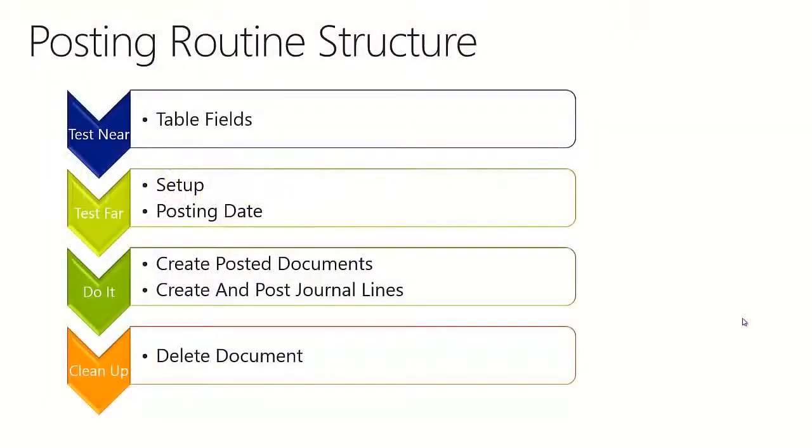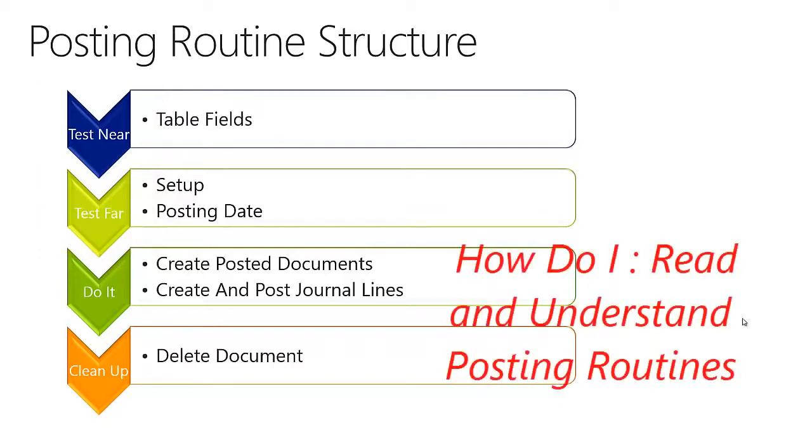Traditionally, we are used to throwing runtime errors in Dynamics NAV whenever crucial data is missing that we need for processing. If we look at the posting structure, this process is located in the test near, test far part, as discussed in the video How do I read and understand posting routines?